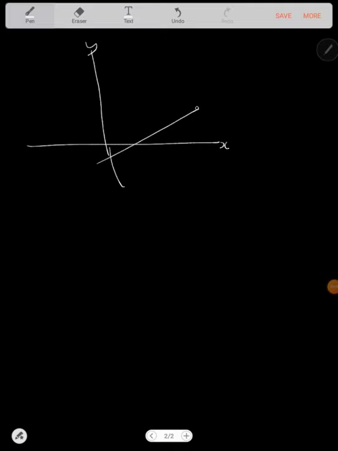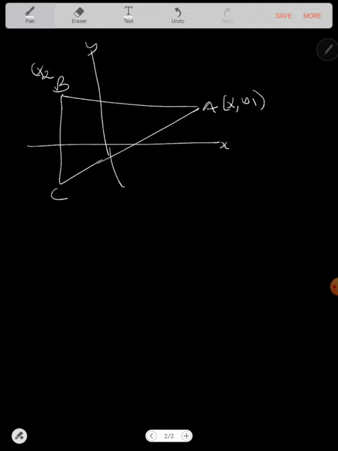Let me call this point A, point B, and then point C. Point A has x1 and y1. Point B has x2 and y2. Point C has x3 and y3.